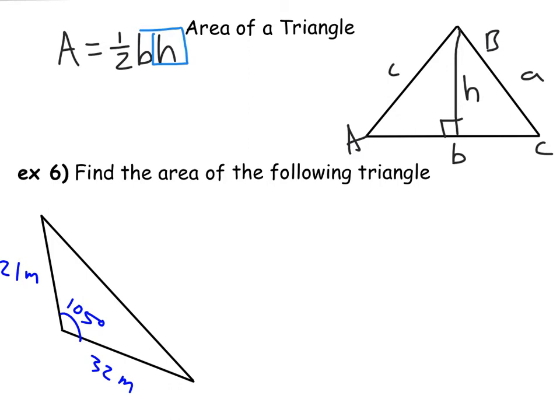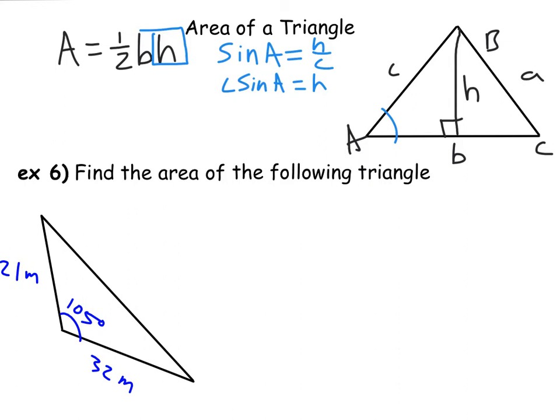I'm going to go from angle A, and I'm going to say that the sine value of A, and I'm just thinking about the right triangle that's formed by the height. So the opposite side would be H, hypotenuse is C. Okay, and multiplying both sides by C, I get that.